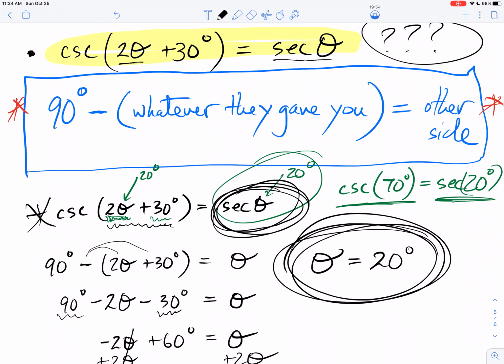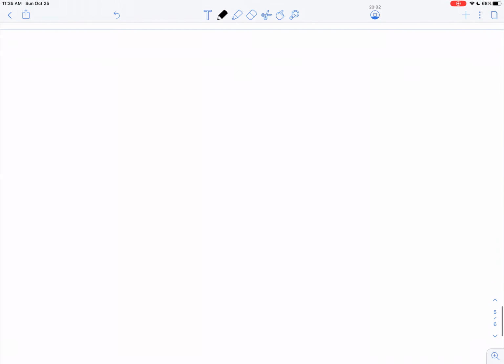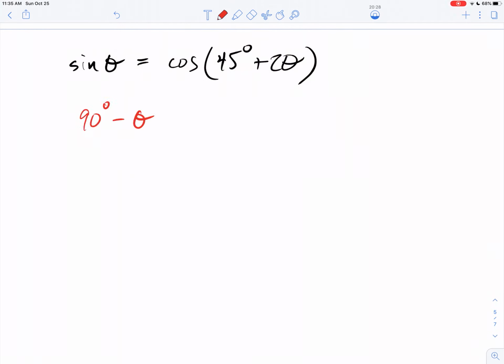Let's just knock a couple more of these out because they're not super difficult. Let's do one that looks similar but not the same. How about we do something like this? We do sine theta equals cosine of 45 degrees plus 2 theta. So let's suppose we're going to try and solve this one. I could say 90 degrees minus theta equals 45 degrees plus 2 theta.